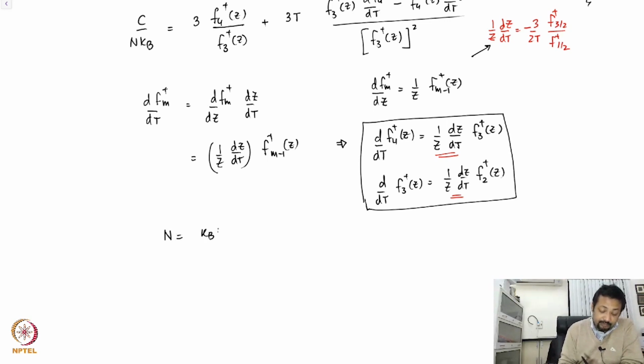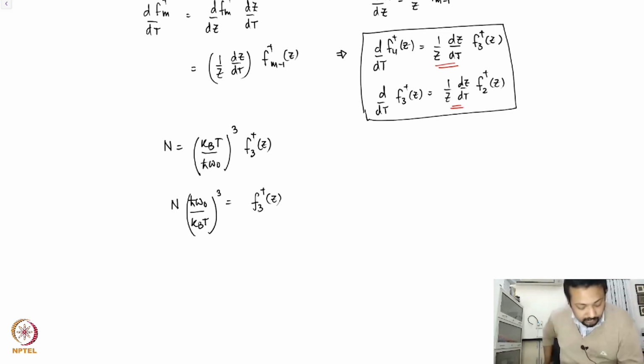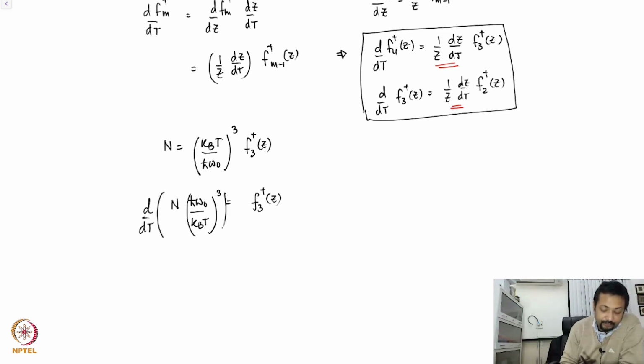Particle number for a harmonically trapped Bose gas is given by kBT divided by h bar omega naught whole cube times F3 plus of Z, so that I have N times h bar omega naught over kBT whole cube is going to be F3 plus of Z. Now let's take a derivative with respect to temperature, both in the left hand side as well as in the right hand side.